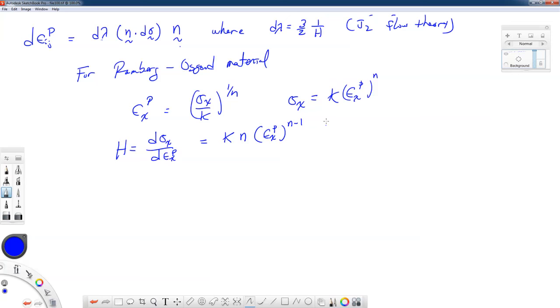we can also write as k n, where epsilon x plastic is sigma x over k to the 1 over n.